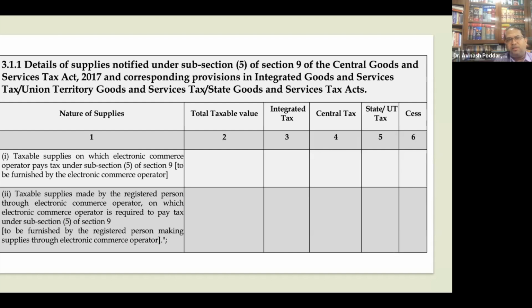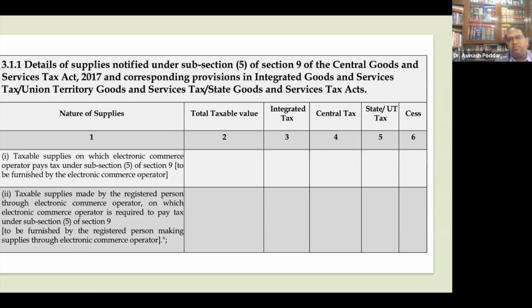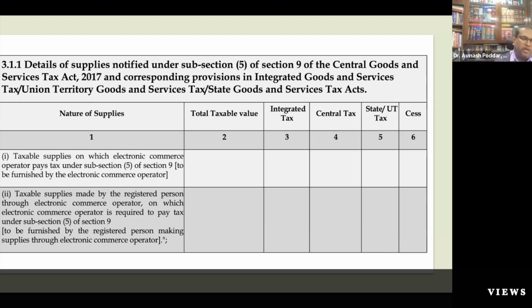So what they are saying is कि आप जो पहले टेबल 3.1 में दिखाते थे क्लॉज ए में आउटवर्ड सप्लाईज अदर देन 0 रेटेड, nil रेटेड एंड एग्जेम्प्टेड, अभी 9.5 से पर्टेनिंग जो सप्लाईज हैं दो शुड नॉट बी शोन इन 3.1, मीनिंग देयर बाय इलेक्ट्रॉनिक कॉमर्स ऑपरेटर से रिलेटेड जो भी सप्लाईज हैं, चाहे उस पे इलेक्ट्रॉनिक कॉमर्स ऑपरेटर को टैक्स भरना है, चाहे उसमें जो व्यक्ति इलेक्ट्रॉनिक कॉमर्स ऑपरेटर की सर्विसेज ले रहे हैं उनको टैक्स भरना है.